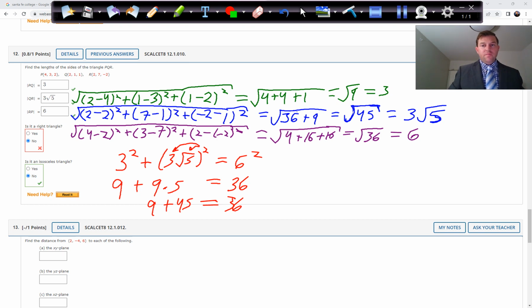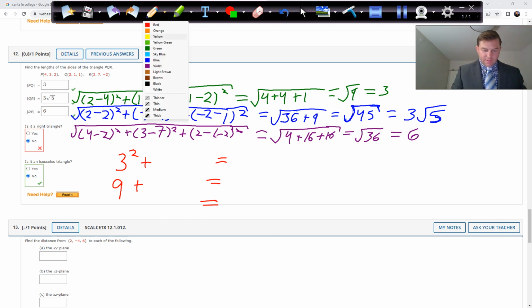I do now. 3 root 5 is the biggest side, not 6. So I picked the wrong largest side. I looked at it and said 3 root 5, oh, that's smaller than 6. No, it's not. It's actually bigger than 6. So we have to replace this side with 6 and this side with 3 root 5.